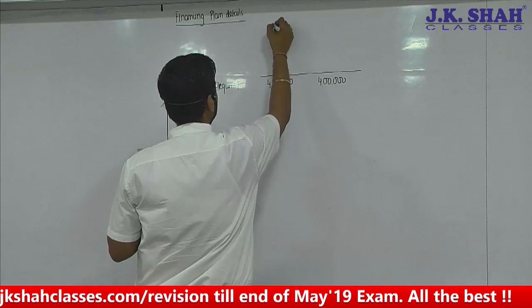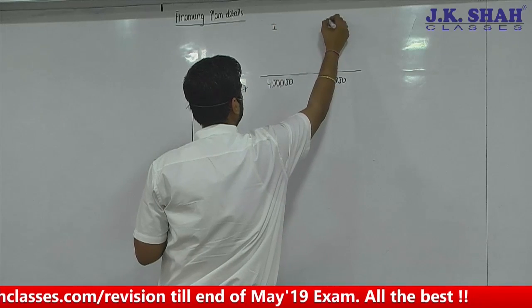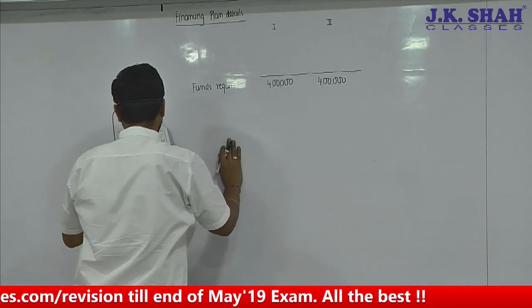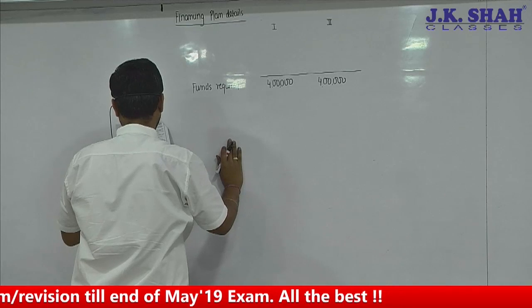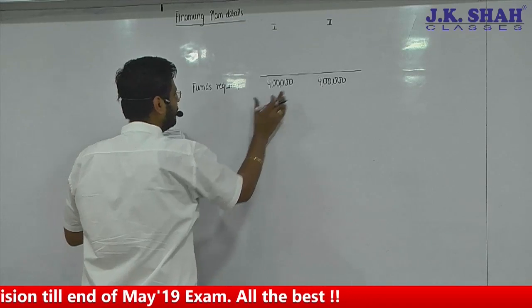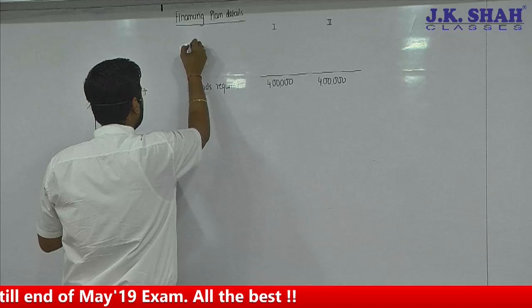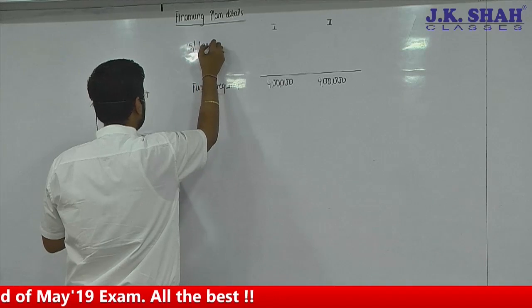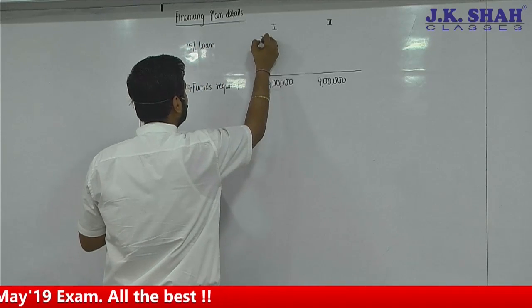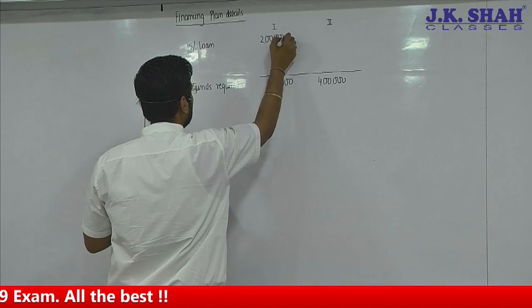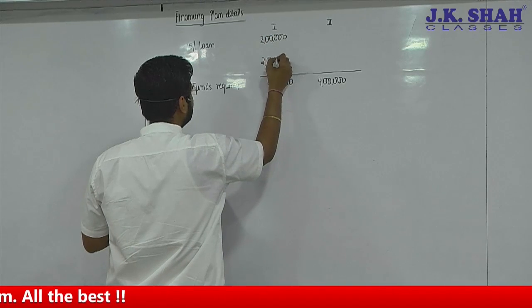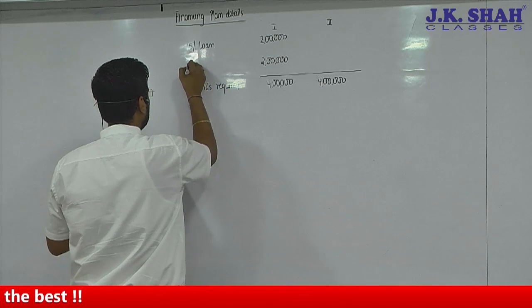And how many options do I have? Two options. On reading the first option, the question says this 4 lakh can be arranged by taking a 15% loan amounting to rupees 2 lakh, and the balance 2 lakh rupees will be raised by issuing equity.